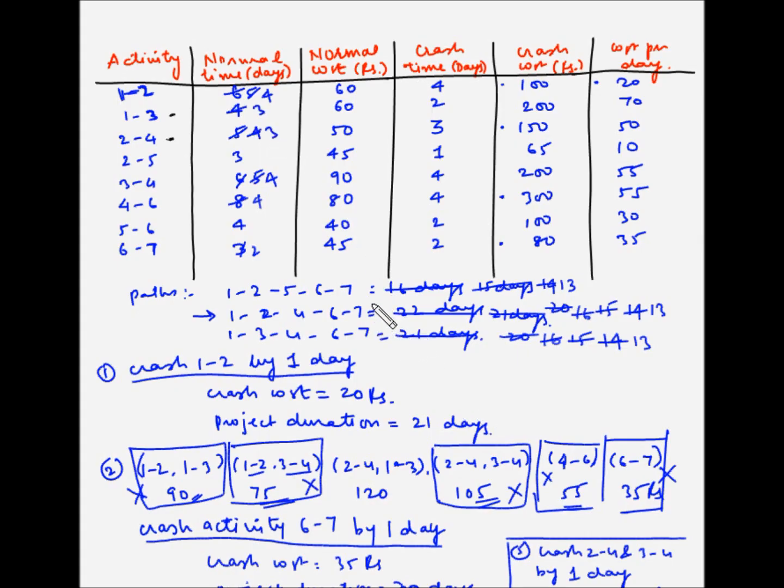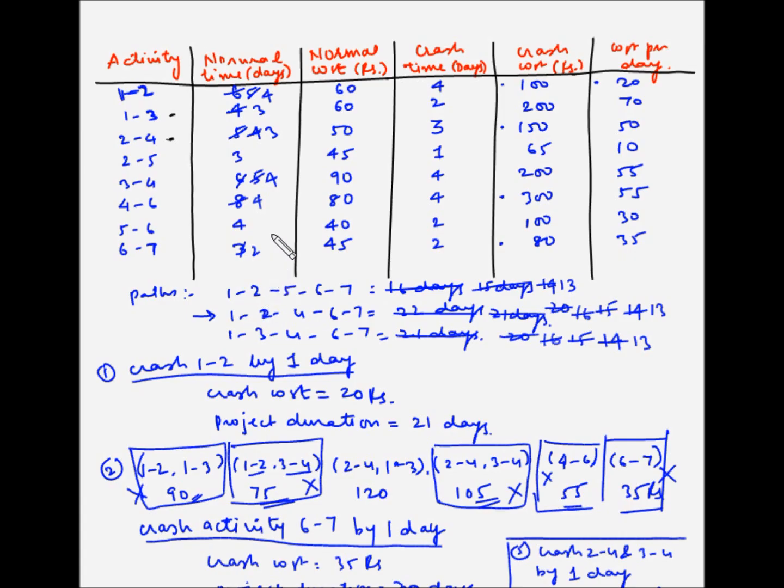So now for the next crashing, basically we now have 3 paths, or all the paths which are on the critical path. So if we have to crash, we have to crash all the 3 paths to reduce the time. Now let's evaluate the first path. So the first path is 1, 2, 5, 6, 7.